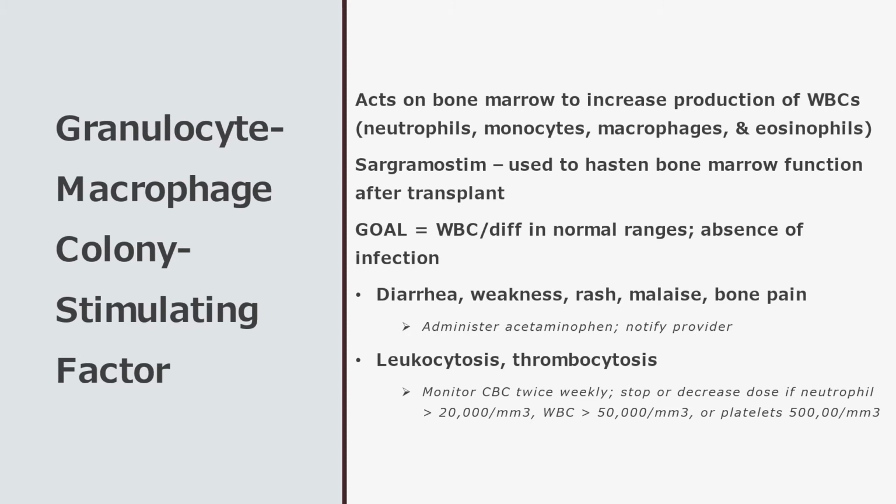So transplant of like an organ, if they've got a new kidney or a new heart or a new liver, and they're on methotrexate or something that is affecting their immune system to prevent rejection of the organ, we may want to stimulate their white blood cells so that we can prevent infection as well as preventing rejection of the organ.